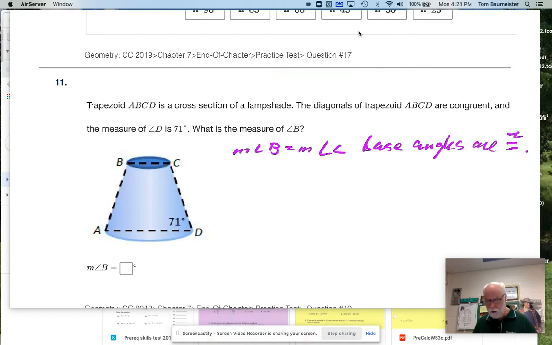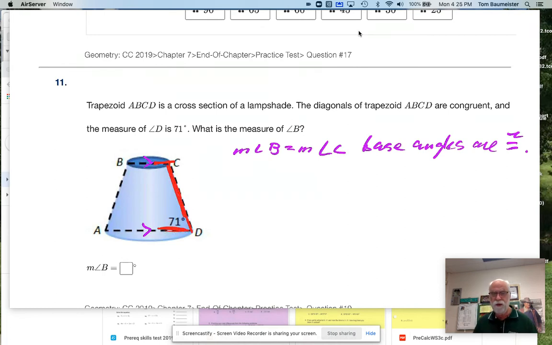And the bases are also the ones that are parallel to each other. So if they're parallel to each other, ladies and gentlemen, what am I making here?